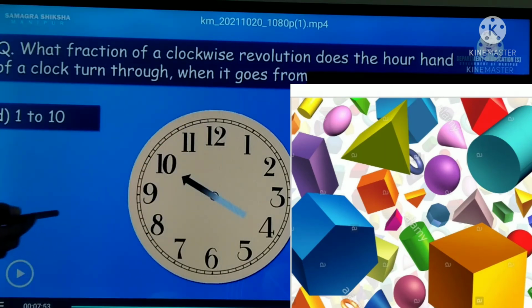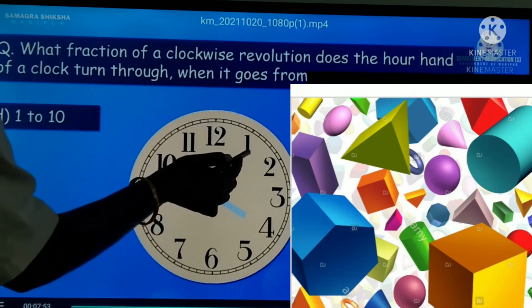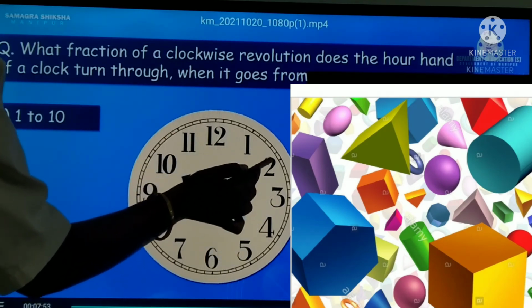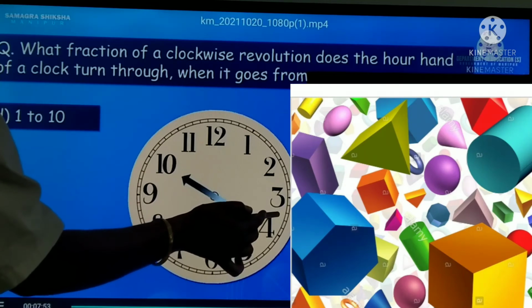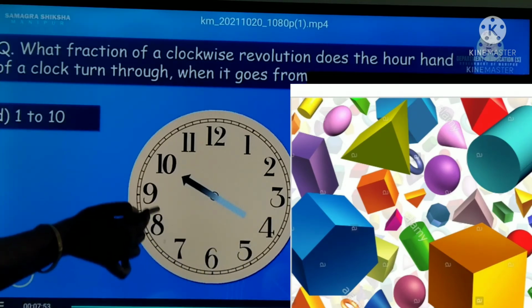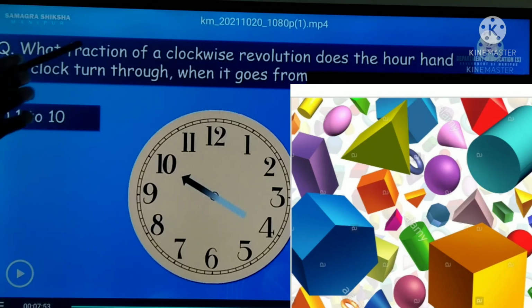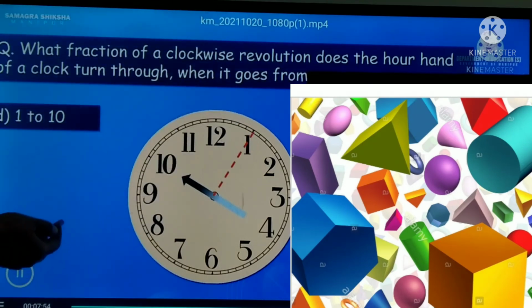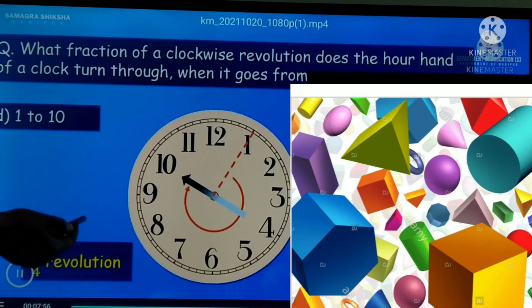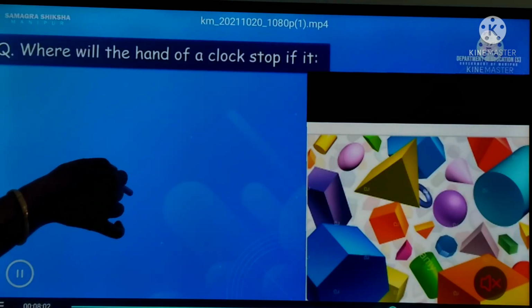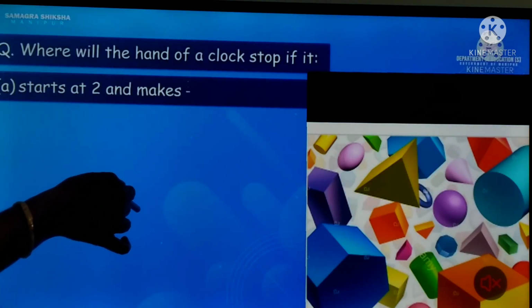So, start from 1: 1, 2, 3 is 1 by 4, again 1, 2, 3 is 1 by 4, and again 1, 2, 3 is 1 by 4. So 1 by 4 plus 1 by 4 plus 1 by 4 is 3 by 4 of a revolution. Understand? Clockwise. Clear?